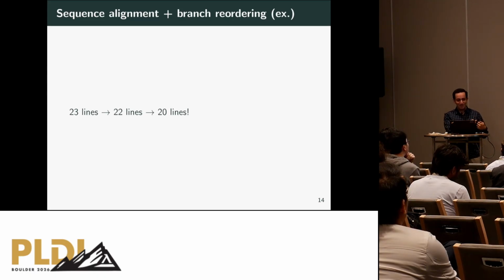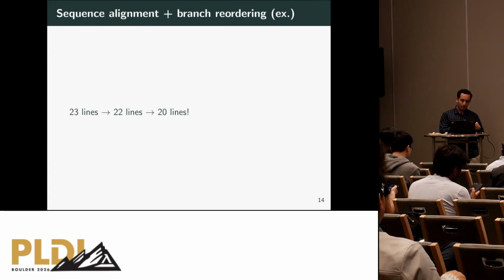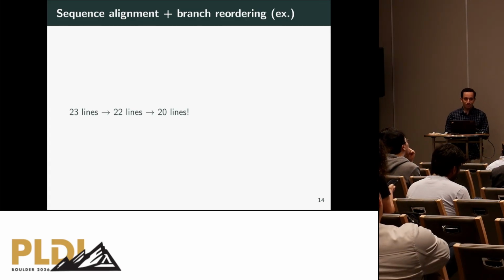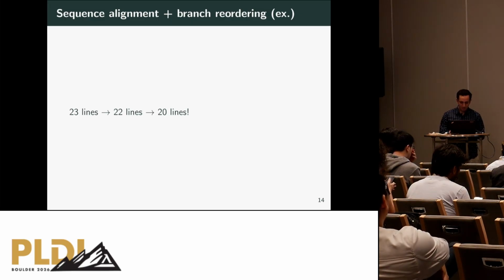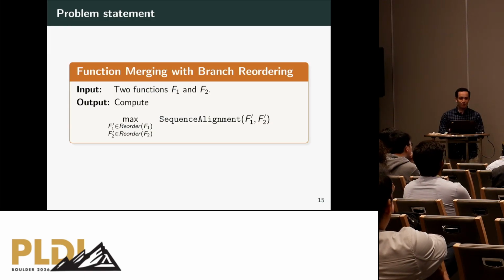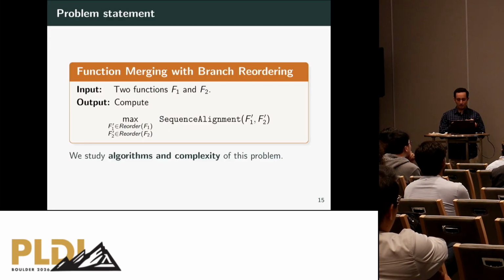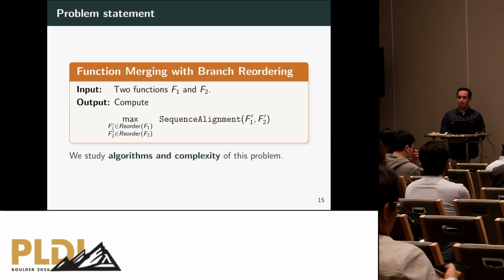So from 23 to 22 with the basic sequence alignment approach, and by adding branch reordering, we cut two extra lines. Okay, so all of this is just to tell you about the problem that we're solving. And in this paper, we look at this problem from the point of view of algorithms and complexity.